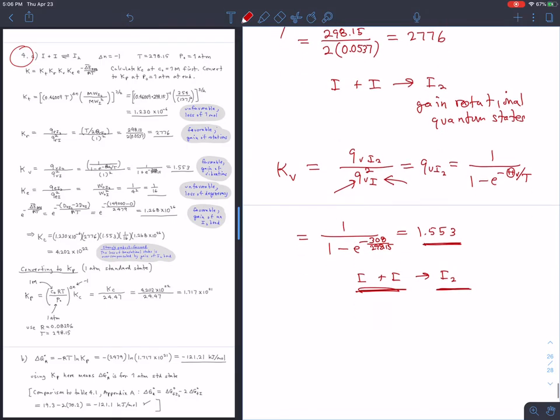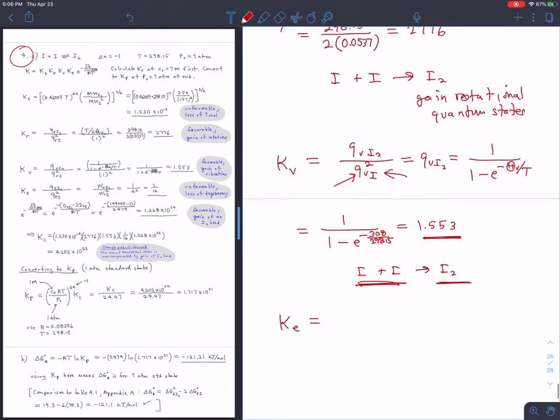because there just never is much population of the vibrations at room temperature. Finally, Ke, assuming that there aren't any contributions from excited states, well, it's QE for I2 over QE for I squared. And that's just the ground state degeneracies. For I2, it's just 1. And for the iodine atoms, it's 4.